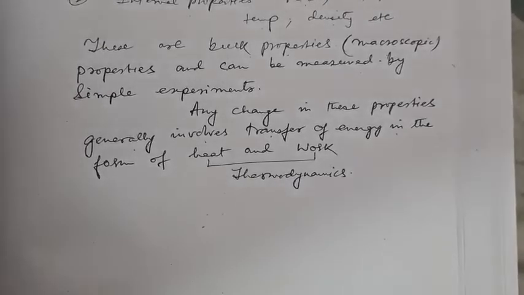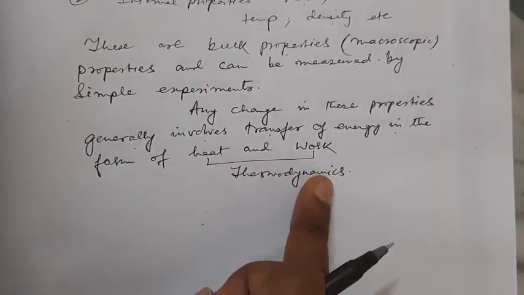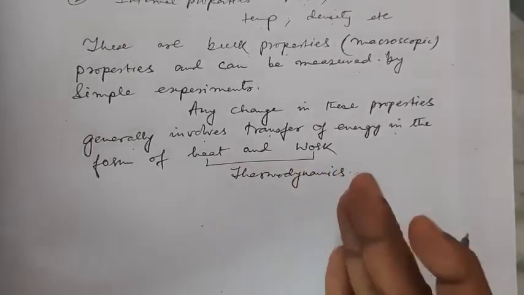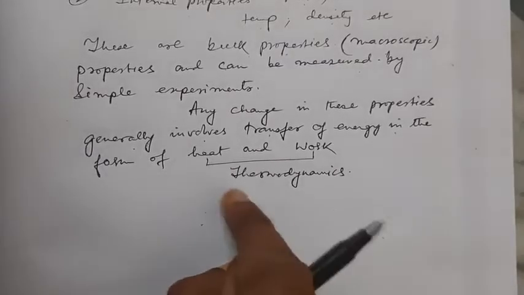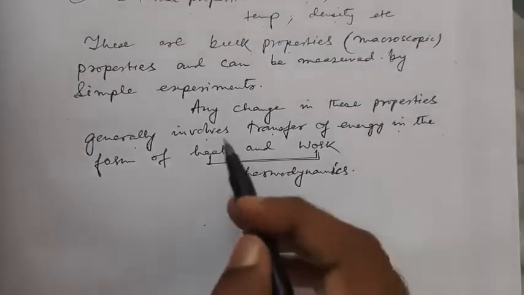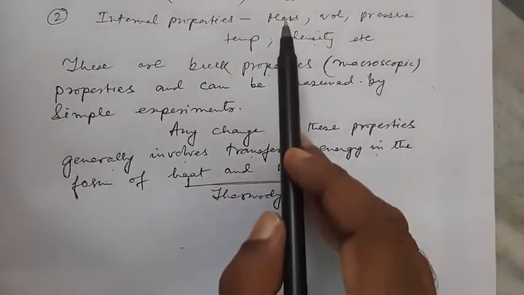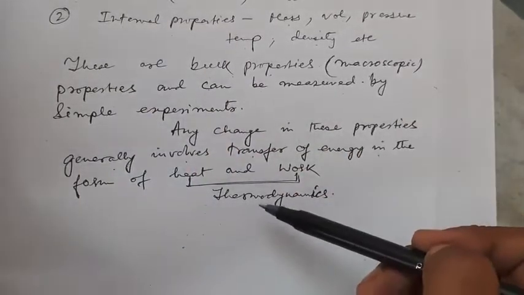That means heat as an energy is converted to work, and when we do work, heat is produced. So the interrelation between these two things is coined in one term, called thermodynamics. In other words, these internal properties can also be called thermodynamical properties of matter.